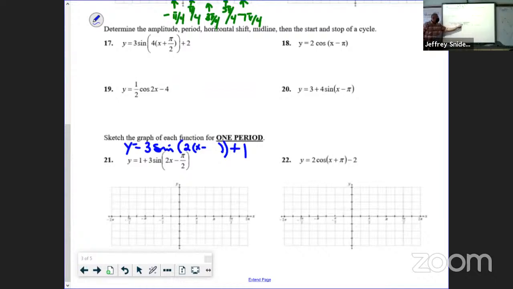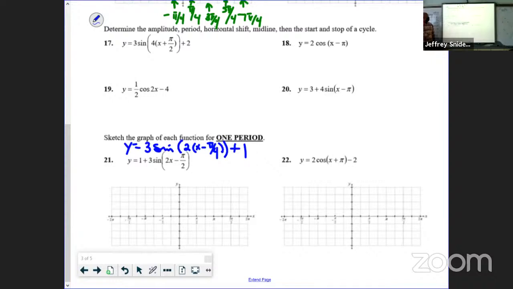My question is, what's going to go right here? If I factor a 2 out of this, what ends up right there is the question. What is pi over 2 divided by 2, in other words? Pi over 4. So you got to have it like that to get the right phase shift.